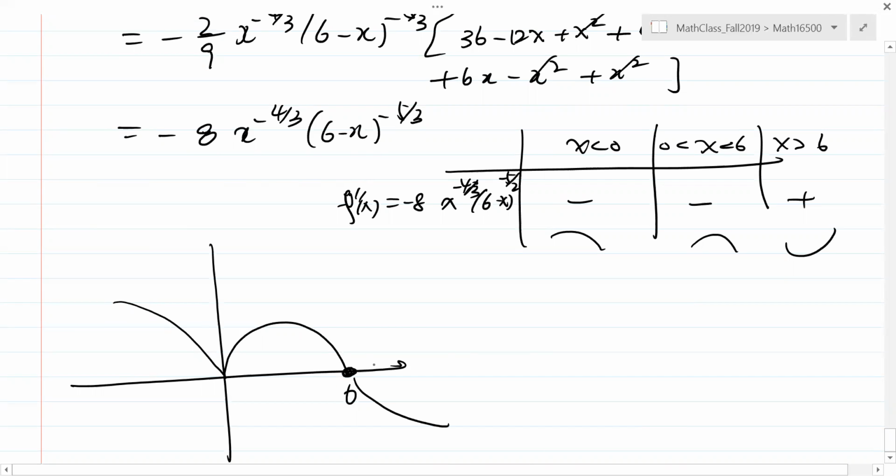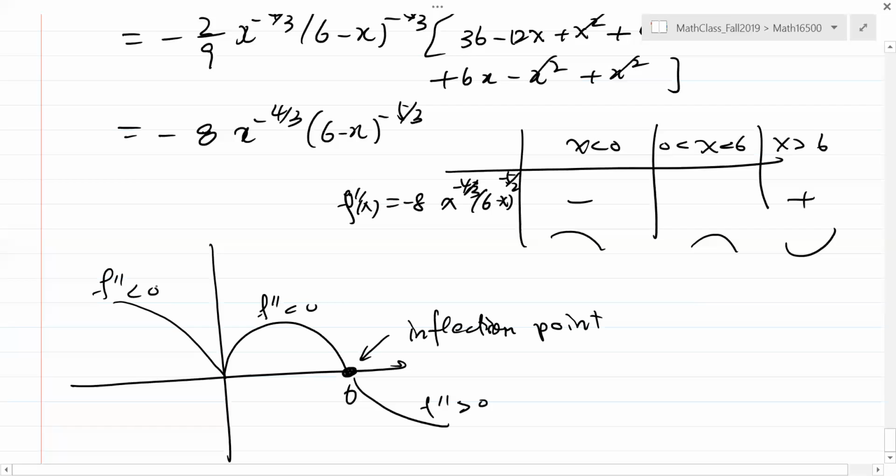Here the second derivative is positive, concave up. Here the second derivative is negative, concave down, concave down. So you get an inflection point. That's the picture.